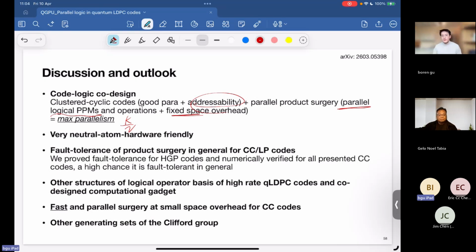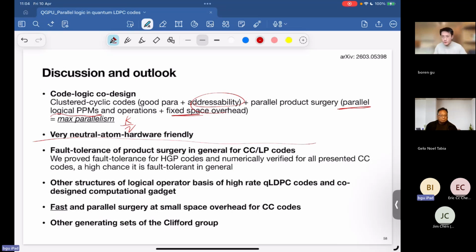But that is not a problem for the neutral atom platforms. In fact, there are many papers showing that lifted product codes and hypergraph codes can be realized on a neutral atom platform with very high parallelism. I won't expand on that point, but this work is really hardware, or at least neutral atom hardware, friendly.